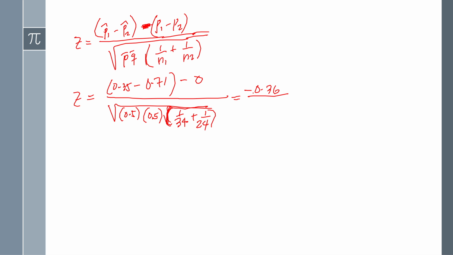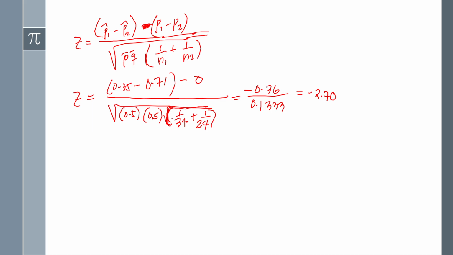The result is 0.1333. So this is 0.36 divided by 0.133. The resulting one is 2.7. So this is negative 2.70. Okay, 2.70.